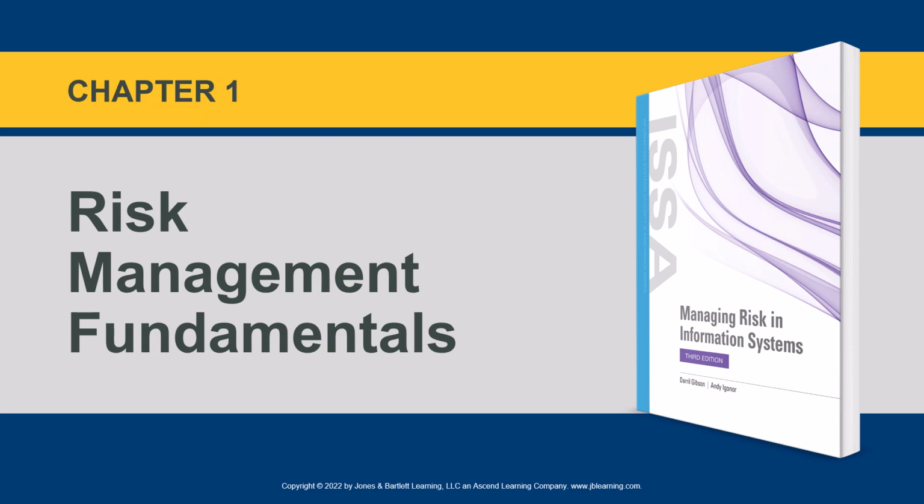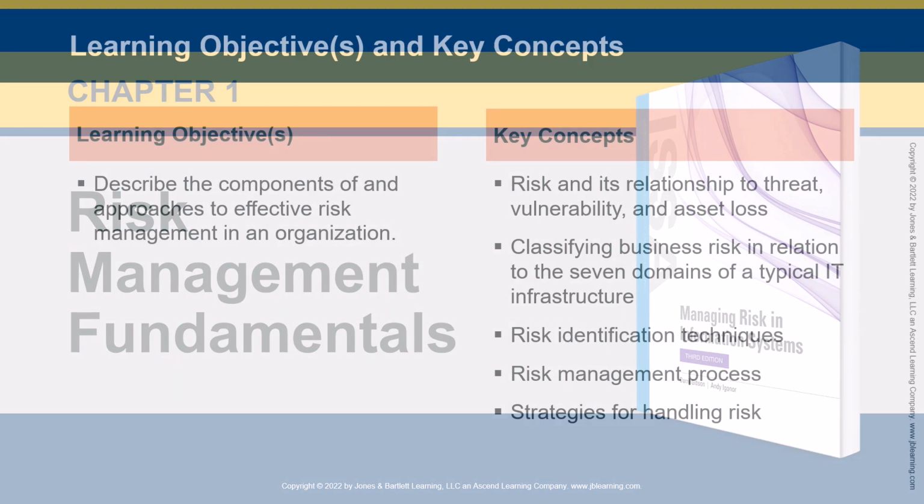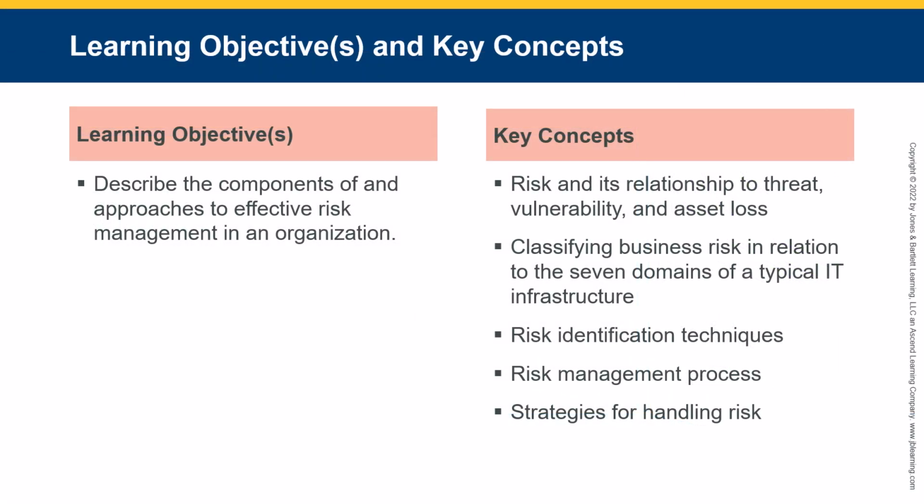All right, chapter 1. This is going to be risk management fundamentals. So we're going to be looking at the components of and approaches to effective risk management within an organization. We're looking at key concepts: risk and the relationships to threats, vulnerability, and assets, asset loss.